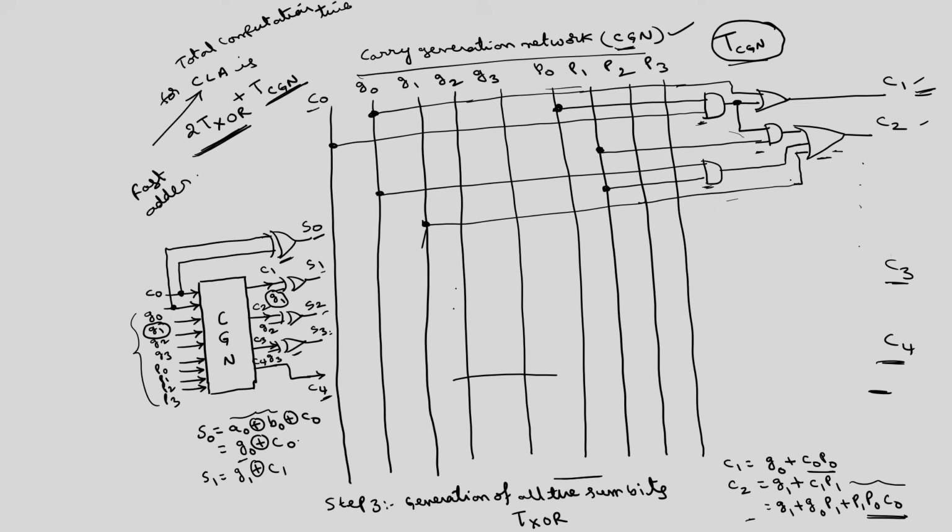Now, if we want to model this carry look ahead adder using gate level modeling, it becomes very difficult because here we have lot many gates. Okay. But using this data flow modeling, we can easily write the Verilog code. Okay. Now, what is the Verilog code using data flow modeling?